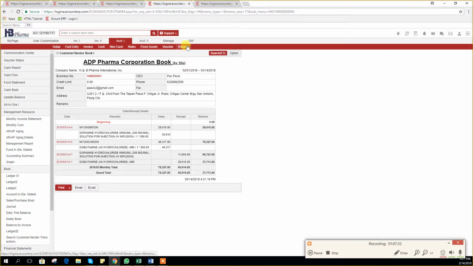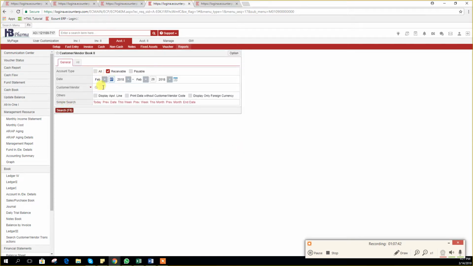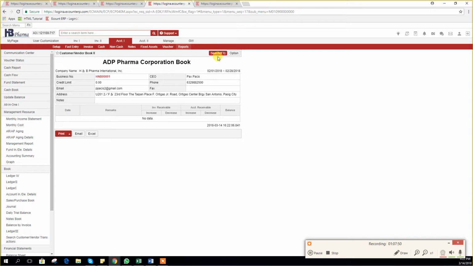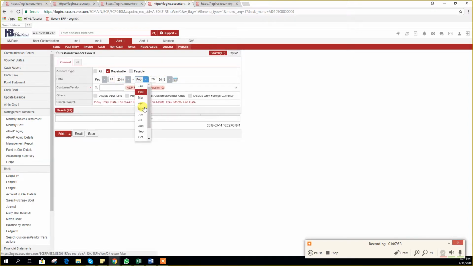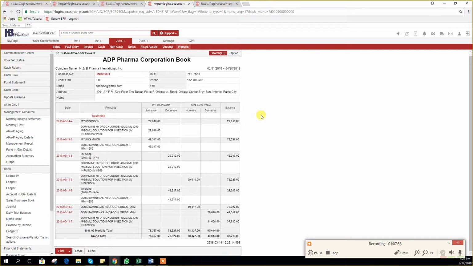So how do you know about the inventory side? All right, so you can see inventory receivables and accounting receivables. It should be the same. So you can see the difference.